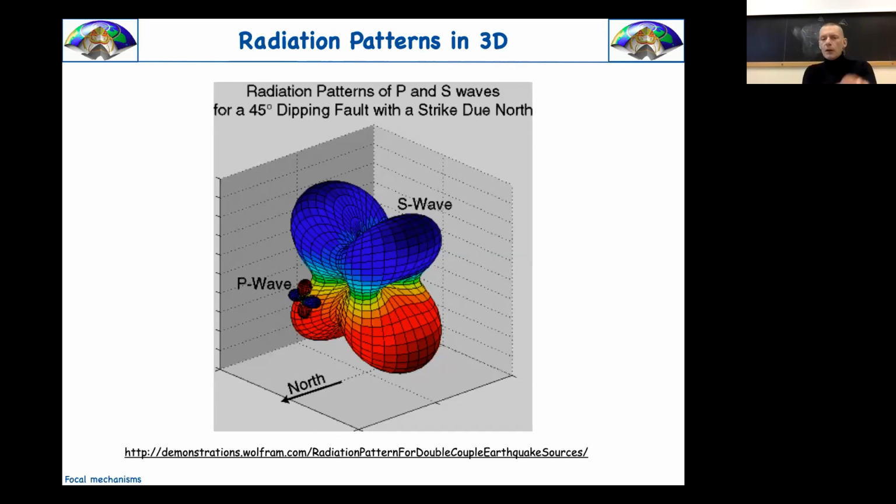Because it's showing us, and let's remember that the radiation pattern is a sort of the antenna profile for a seismic wave emitter. And let's remember that it's a 3D beam, sort of beamy shape in space. How P wave and S waves can be compared with the distance.